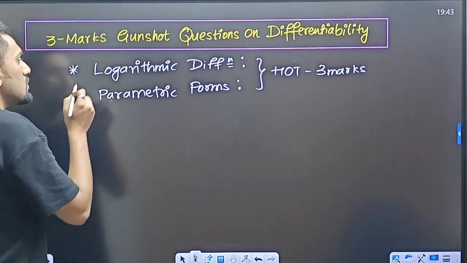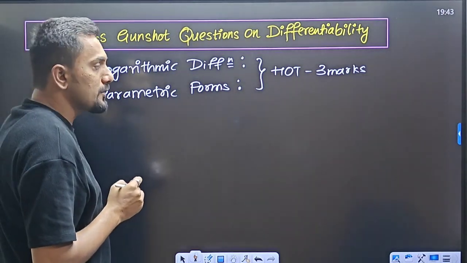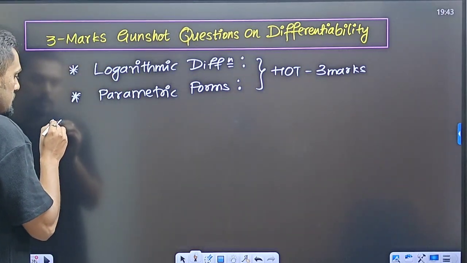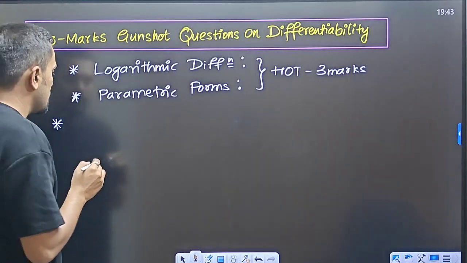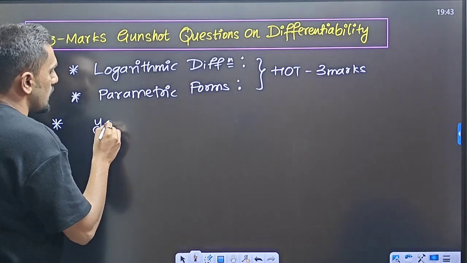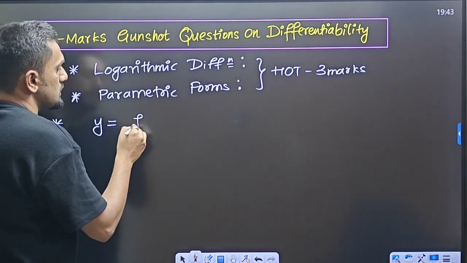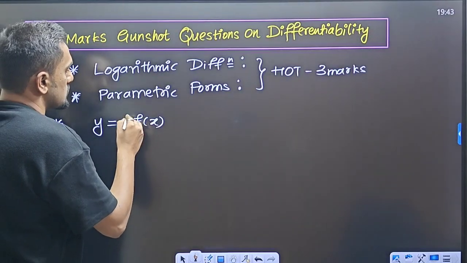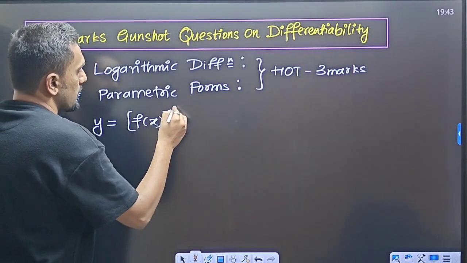So, how will you do the logarithmic differentiation? I will just recall the procedure. Suppose there is a function y is equal to f of x raised to the power g of x.